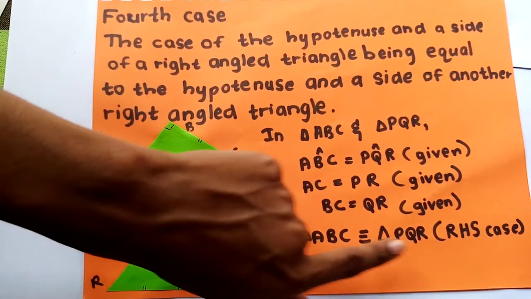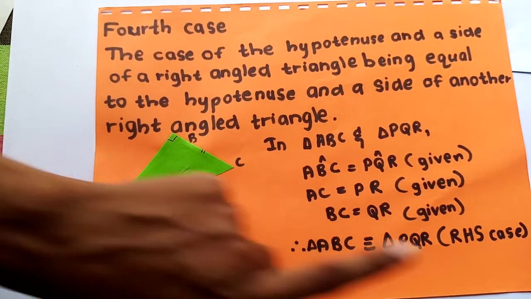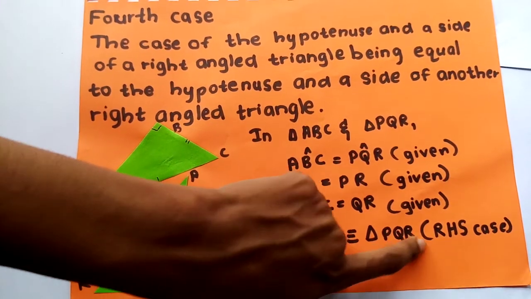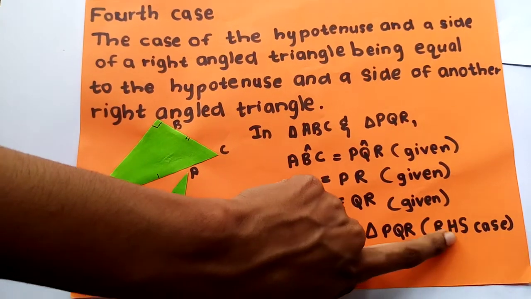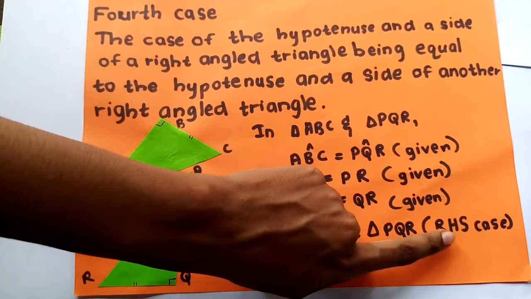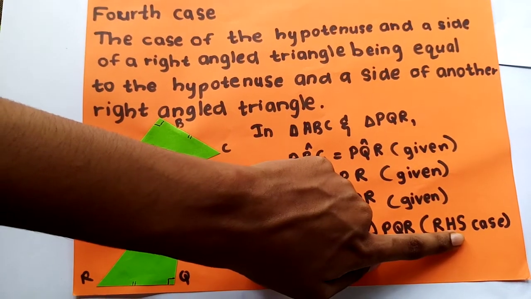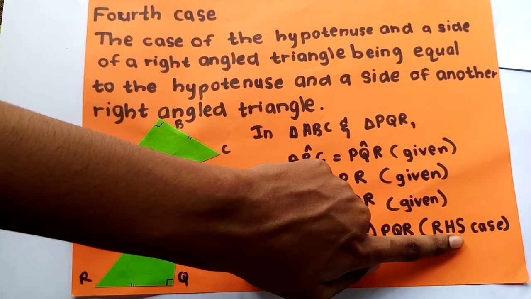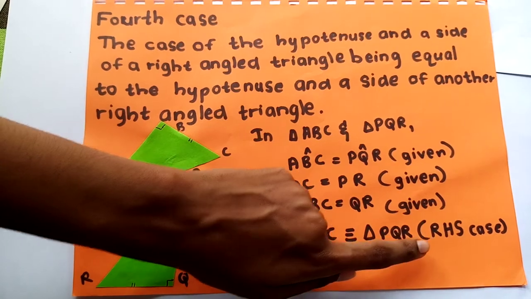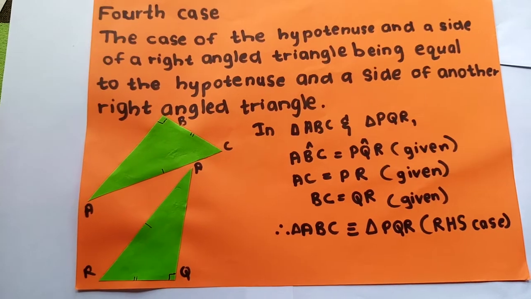That is the RHS case. Why is it RHS? R represents right angle, H represents hypotenuse, S represents side. So right angle, hypotenuse and side should be equal to another triangle. So this is the RHS case. This is the fourth one.